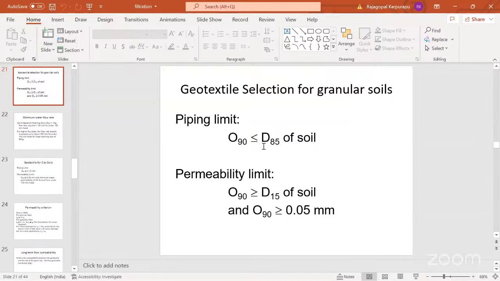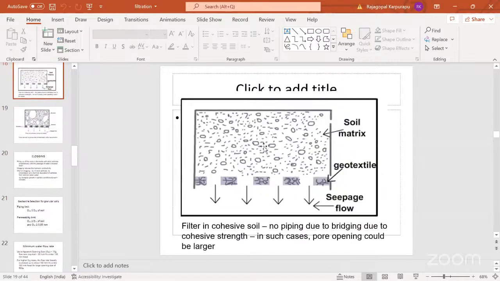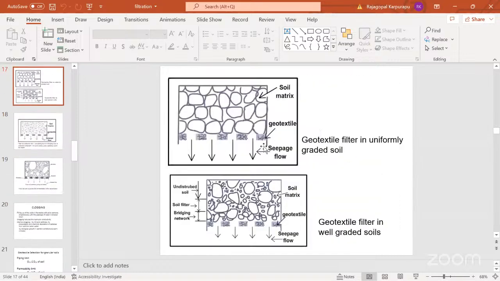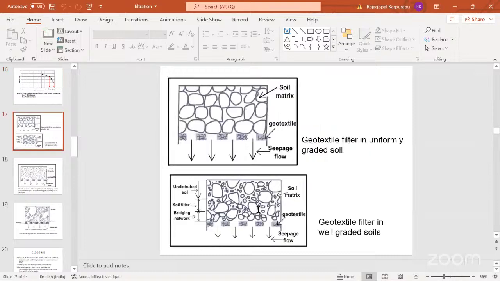I don't remember much because it's been a long time since I taught this particular topic. But basically, whether it is D90 or D95, it is based on different codal provisions.